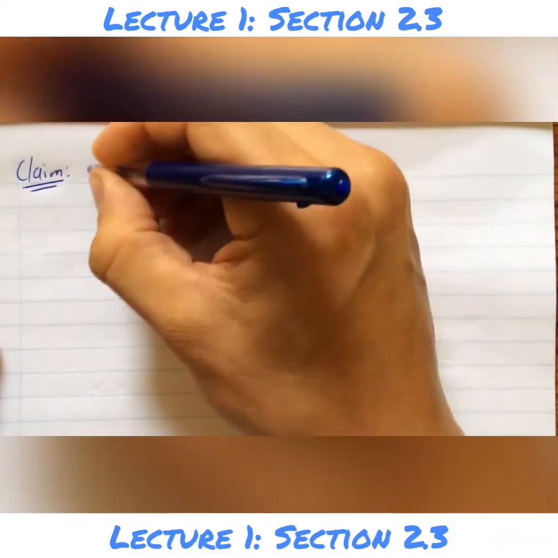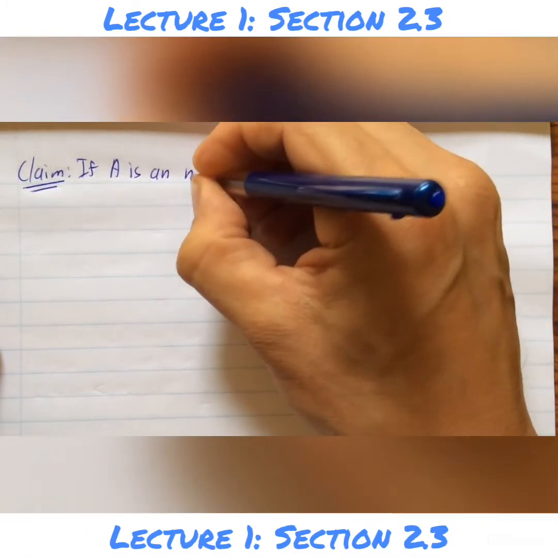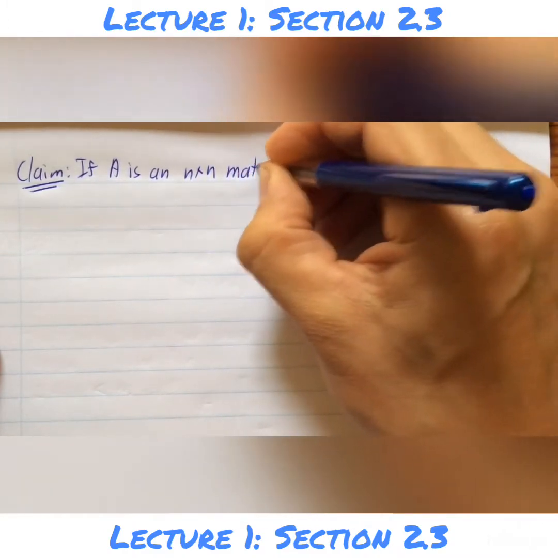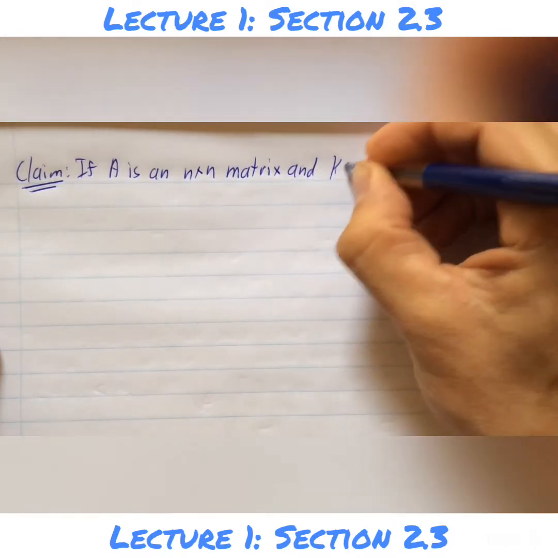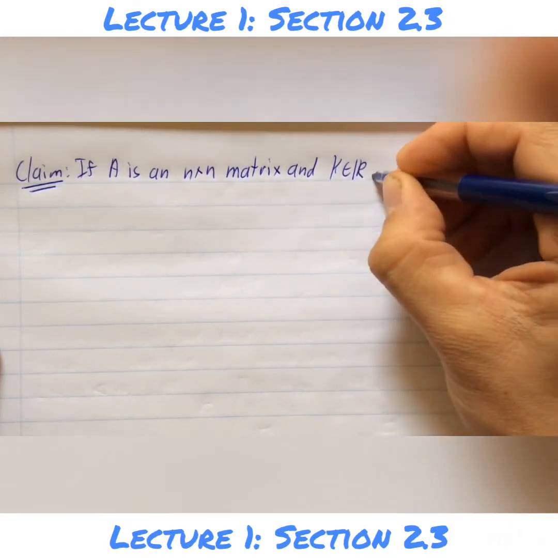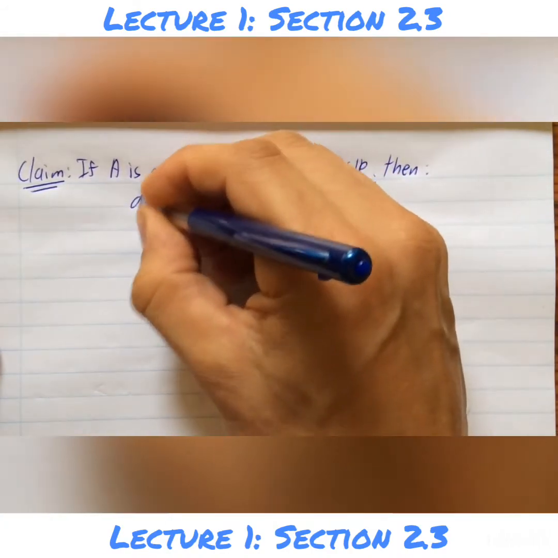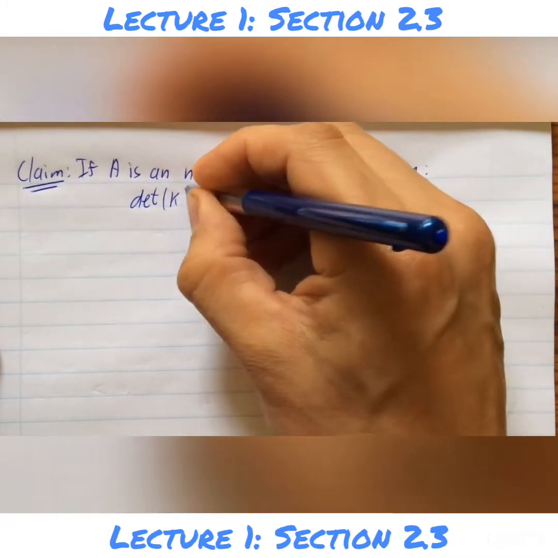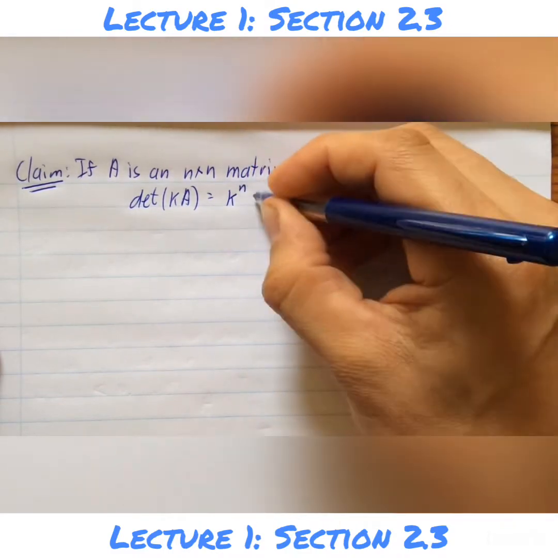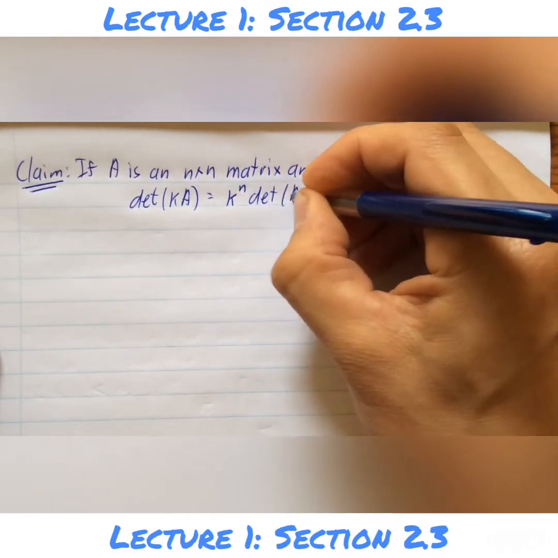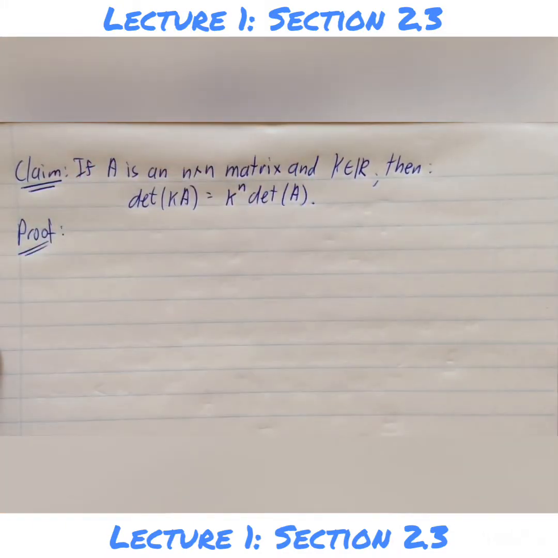We claim that if A is an n by n matrix and k is some real number, then the determinant of the scalar multiple of the matrix A is the nth power of the scalar multiplied by the determinant of A. So that's what we need to prove.